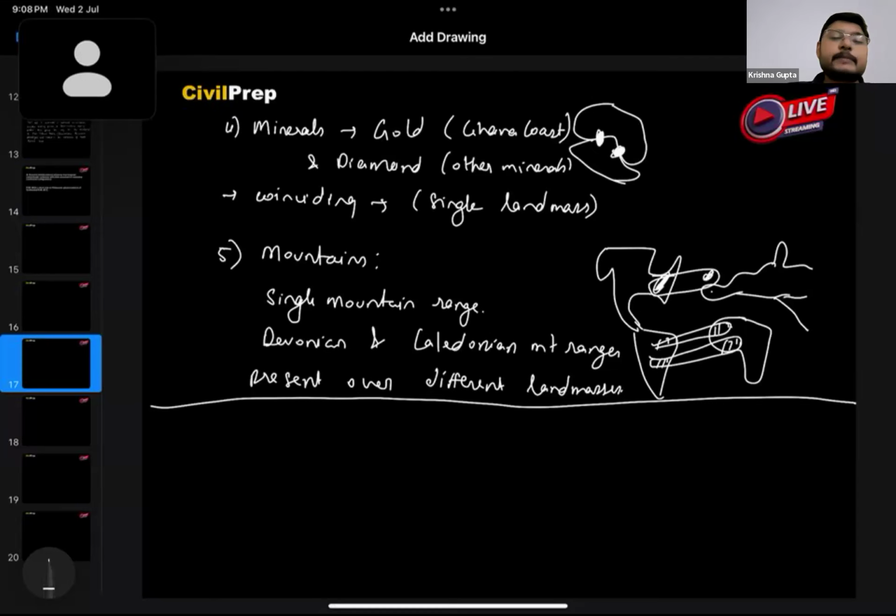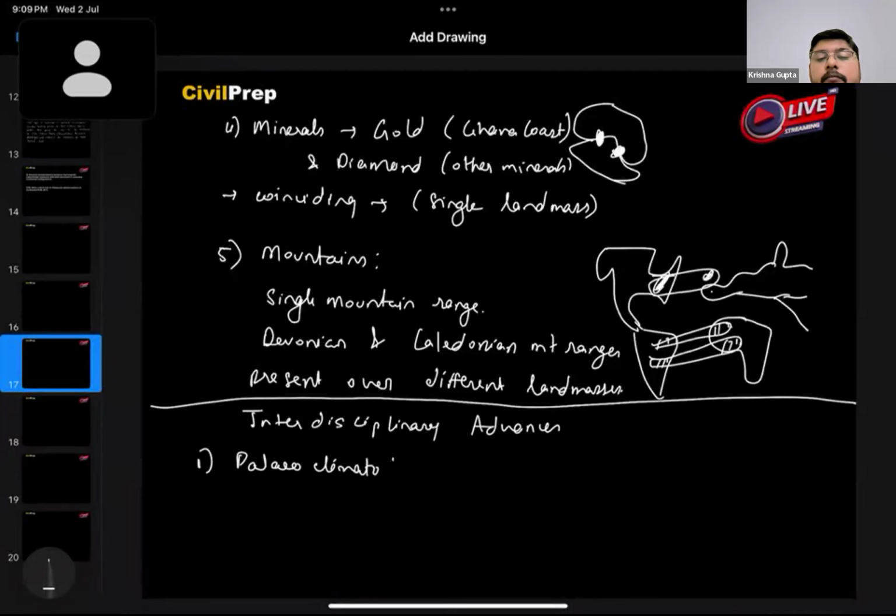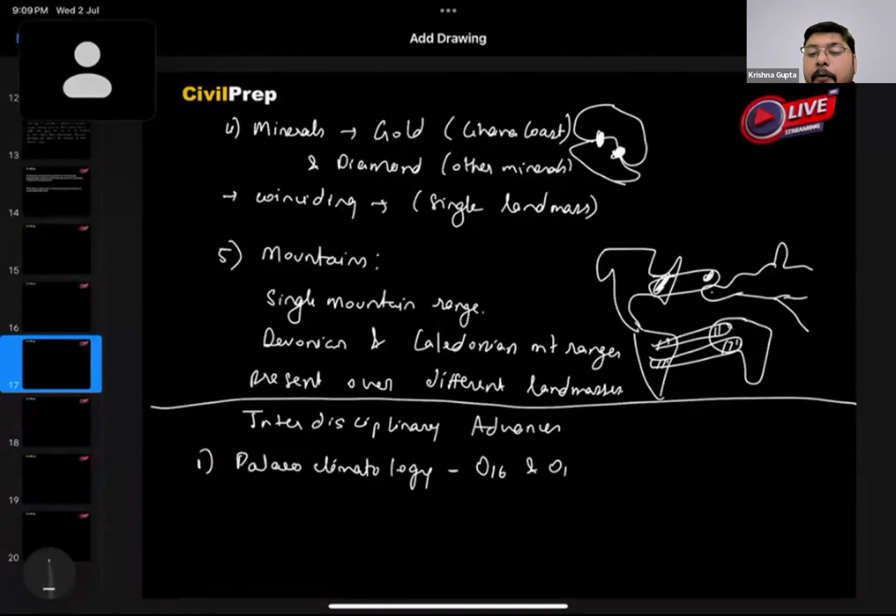Now, when we look at this aspect, this gives us a major part where we see the interdisciplinary advances, that is, number 1, paleoclimatology. Under paleoclimatology, we will see that we have two isotopes of oxygen, that is O16 and O18.